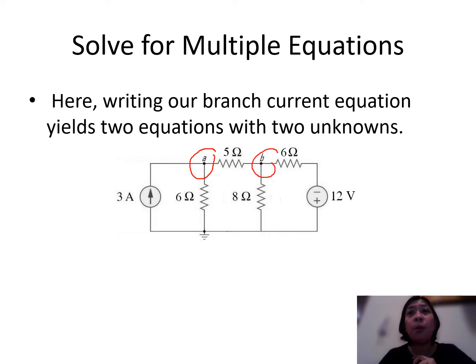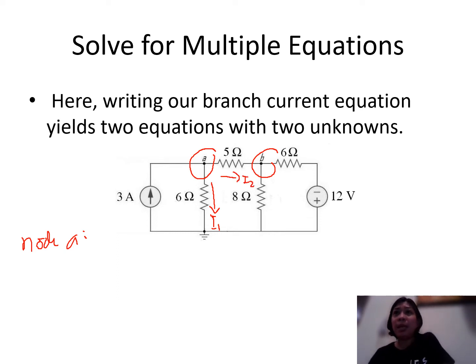So what equation can we formulate at node A? Let us write here at node A. What are the currents? Let us assume currents leaving our node A. Let us call this I1, for example, and this I2.